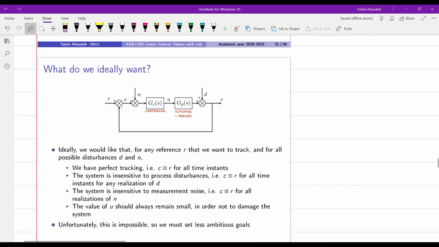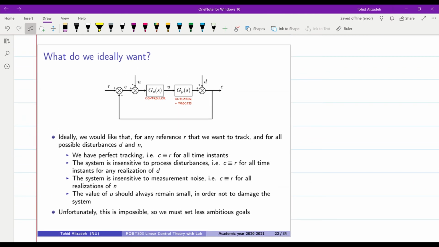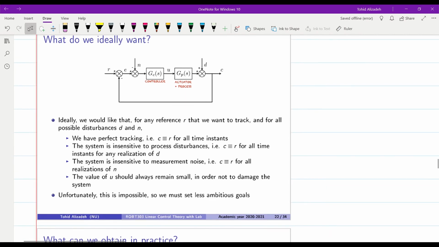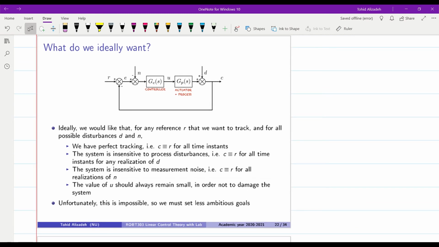Okay, now a few more points. In general, for our standard closed loop system that is shown here, we have some expectations. These are the ideal things that we want to happen. We want to have perfect tracking, which means that we want to always have C being equal to R. C should follow R perfectly at all times.